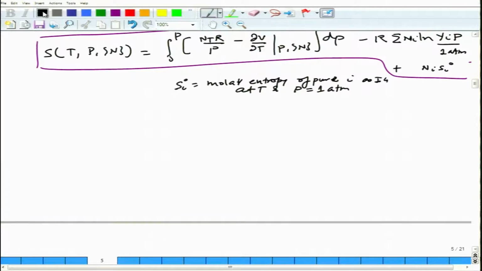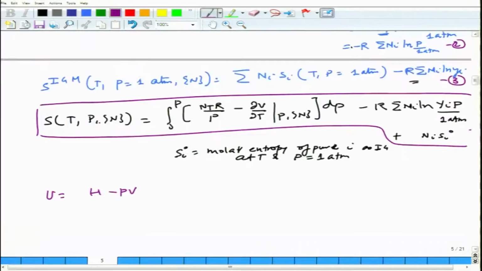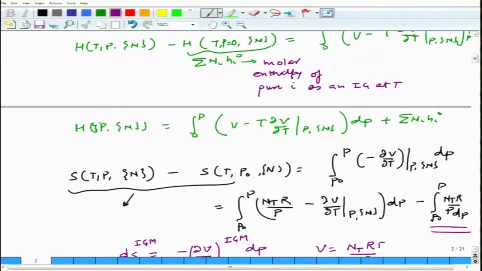We have U is equal to H minus PV. Since H we have already calculated, or derived here, this is the H value. So, we just have to add here minus PV. So, this term minus PV plus this term.